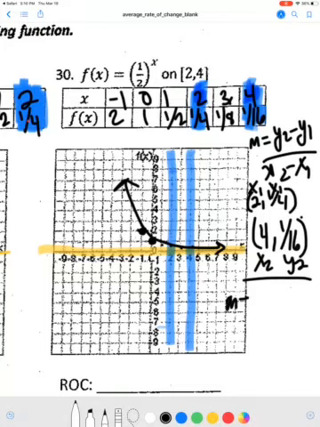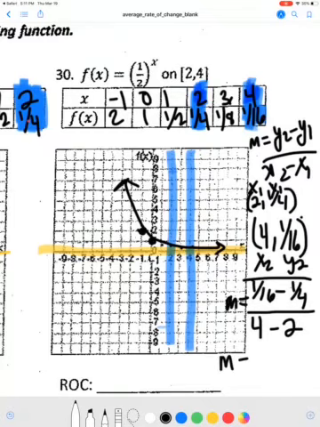So m equals 1/16 minus 1/4 over x2 is 4 minus x1 is 2. Again, just focus on how you plug in the calculator.